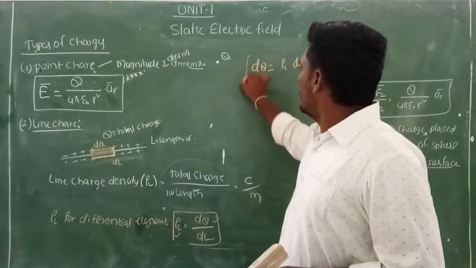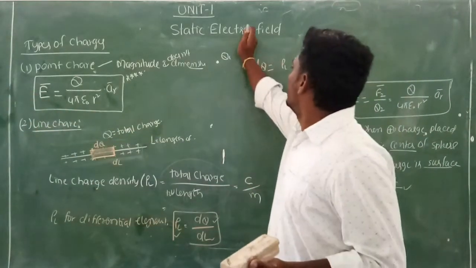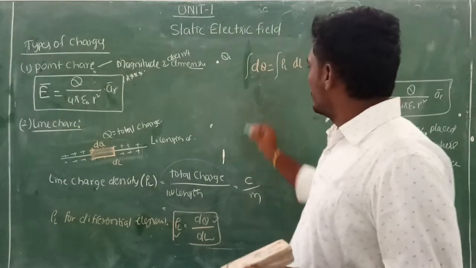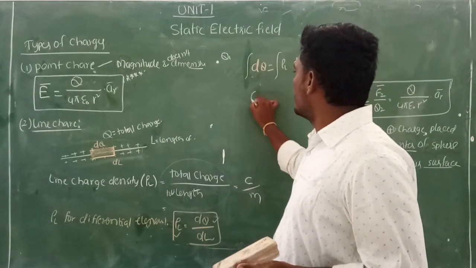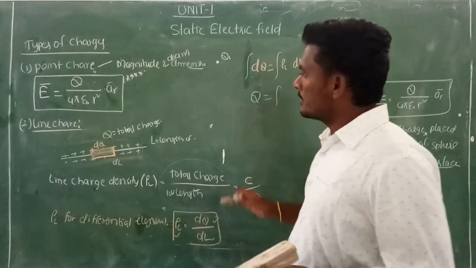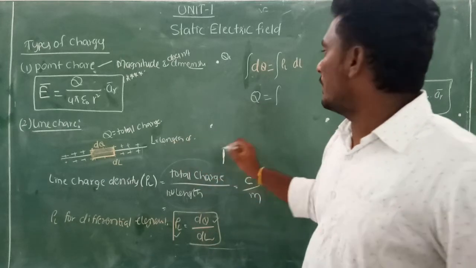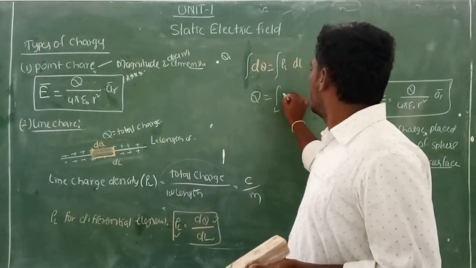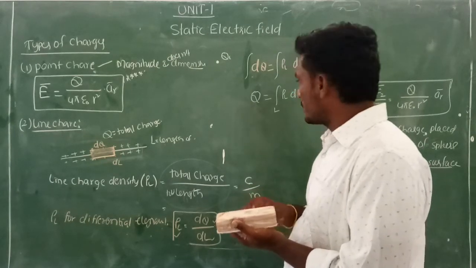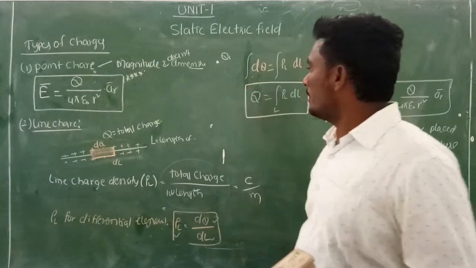Integration and differentiation will get cancelled here. So q is equal to, and what limits do we have to consider here? The length of the line. So q is the integral over the line length of rho L into dl. This is the expression for the charge on the length.